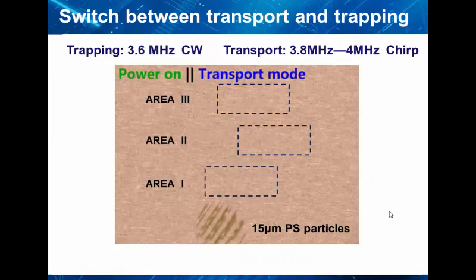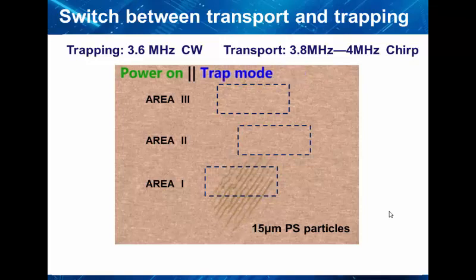By the selection of working frequency, the switch between transport and trapping of massive particles can also be realized. The resonant frequency of the plate was used to trap particles, and the frequency band beyond resonance was used to transport particles. As shown in the following videos, there are 3 areas to trap particles.